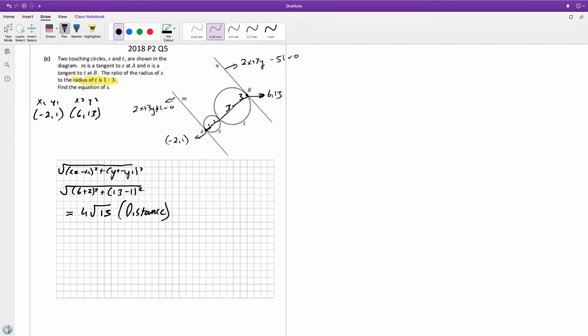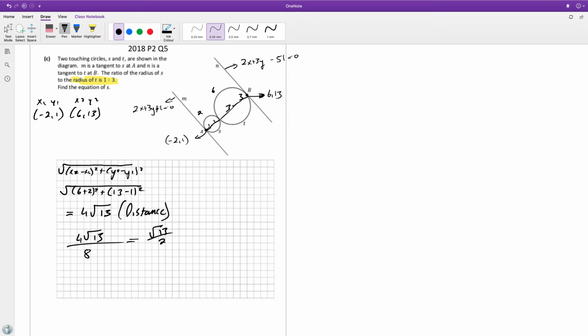So the distance from here to here is in the ratio 2 to 6. Does that make sense? So 4 root 13, divided by 8, is root 13 over 2.